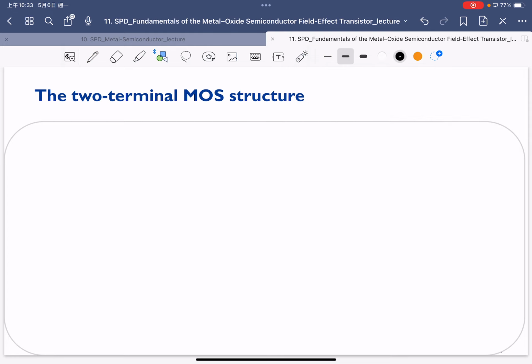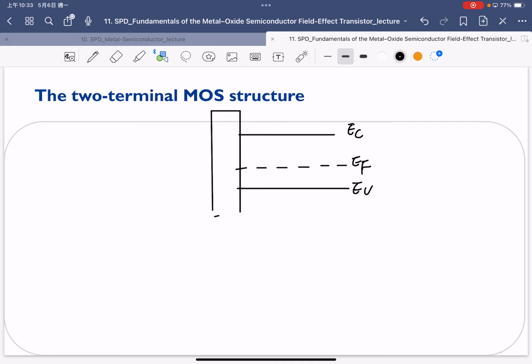So the first one is, we assume this is a p-type semiconductor. So we have the EC, EV, and our EF is close to the valence band. So that's EF. And on top of the semiconductor, we have the dielectric here.